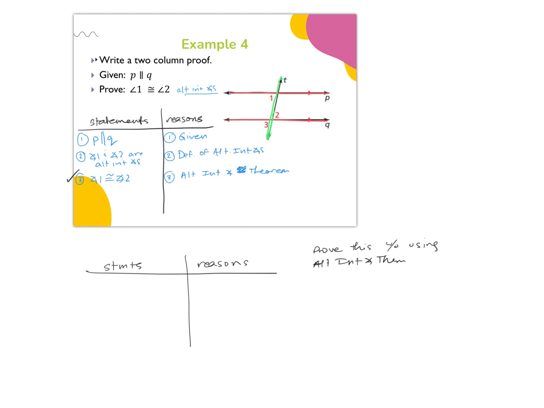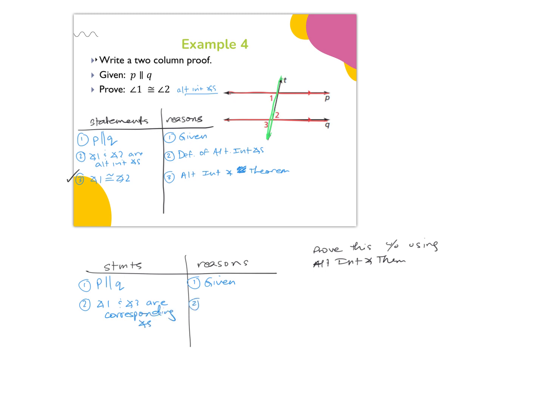So you would start out and say, number one, line P is parallel to line Q, and that's given. For number two, I would say that angle 1 and angle 3 also have a relationship. They are corresponding angles, right? How do I know that?